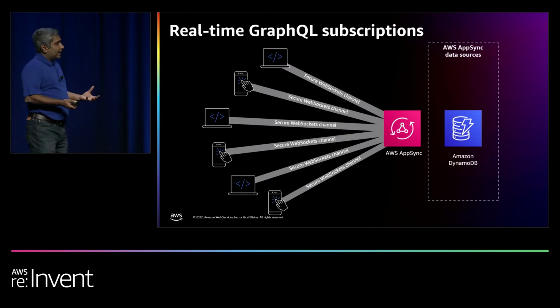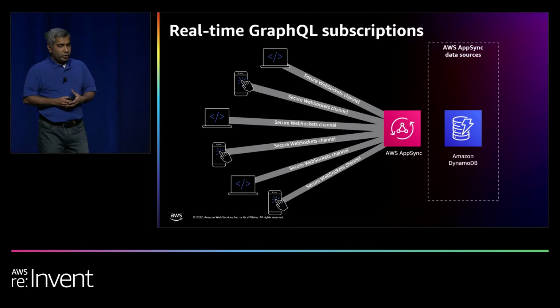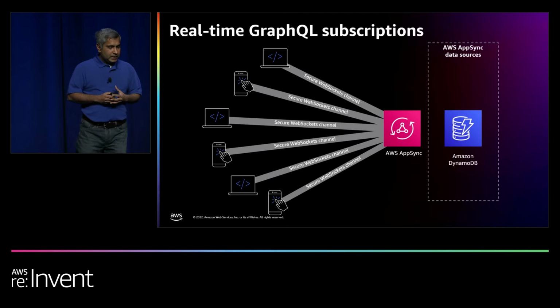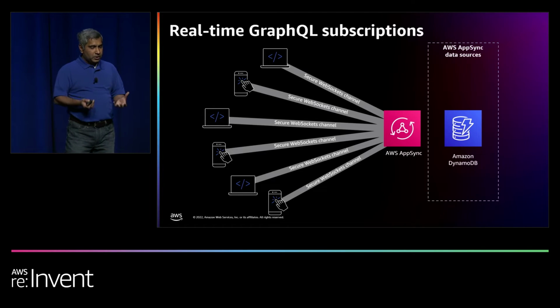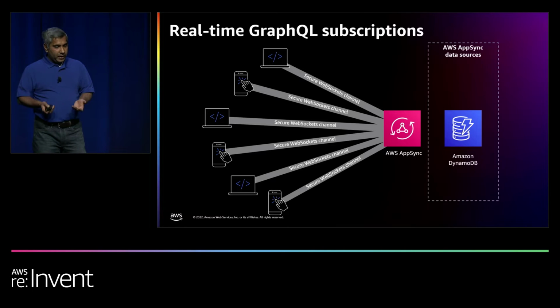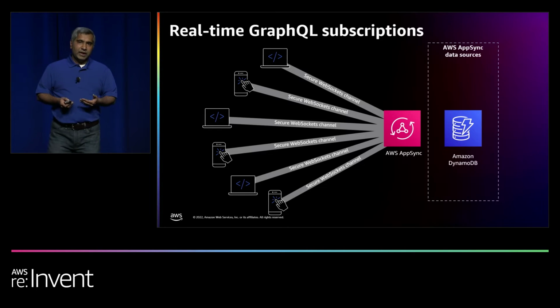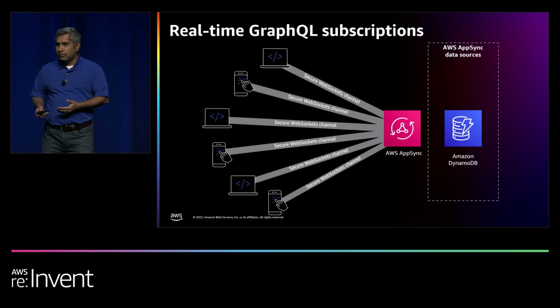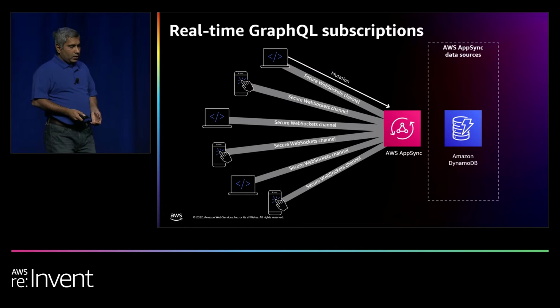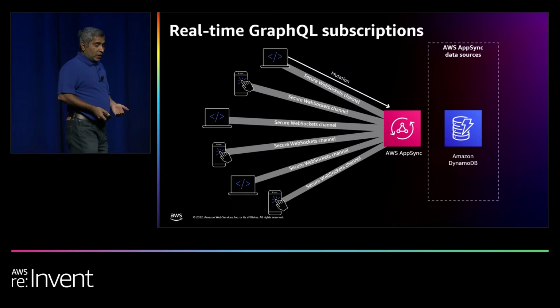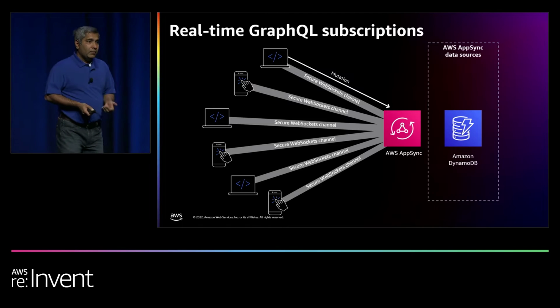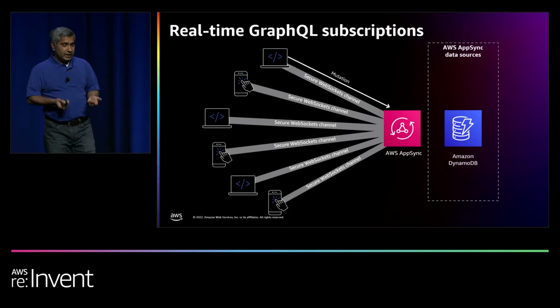All right, so let's take an example here. Assume you have 6 authorized clients connected to a subscription operation through a secure WebSocket channel. You have an AppSync API which is connected to an Amazon DynamoDB data source. Again, I'm showing only Amazon DynamoDB as an example, but it could be applicable for any natively connected data source. Assume one of the clients is issuing a mutation where other clients are interested in that data.